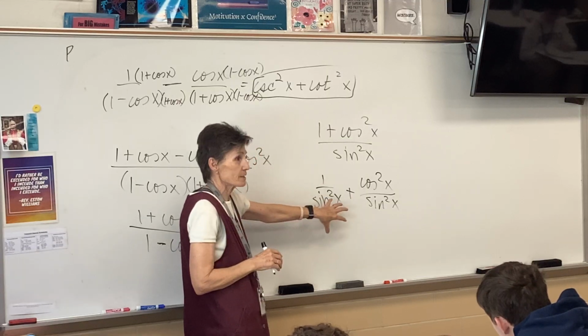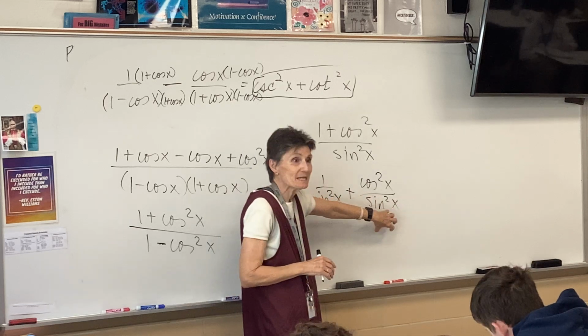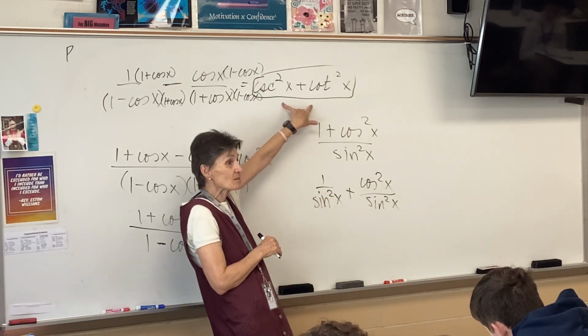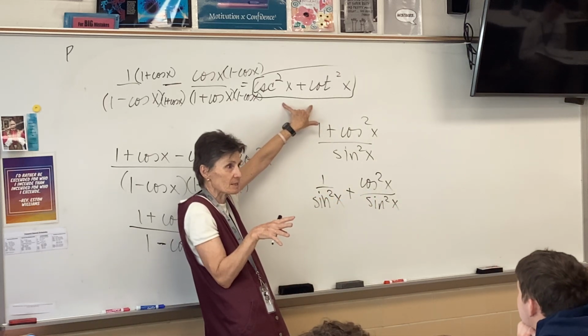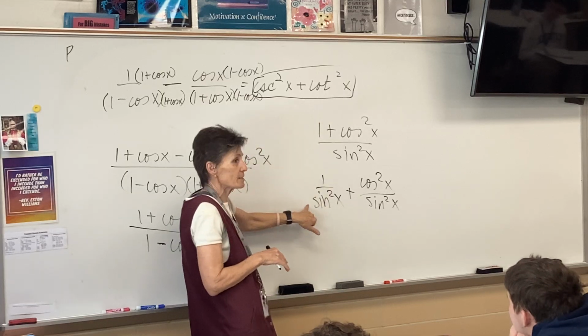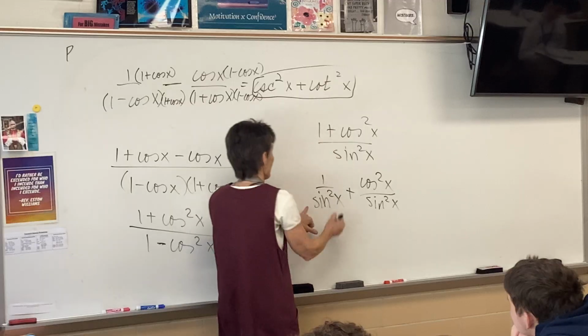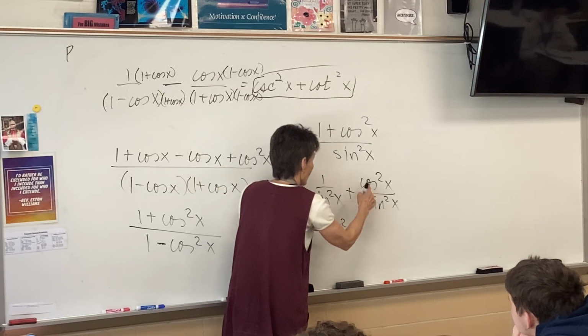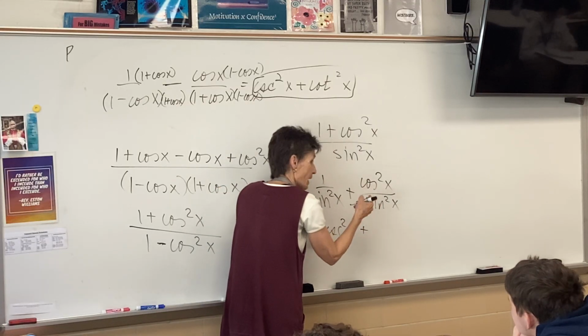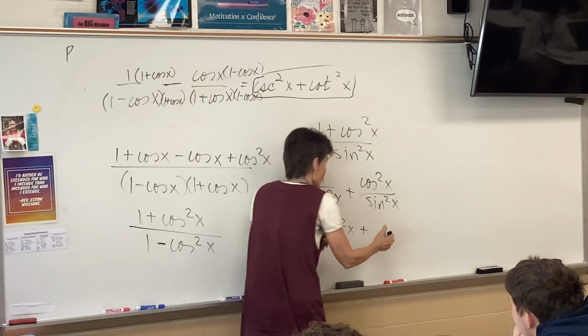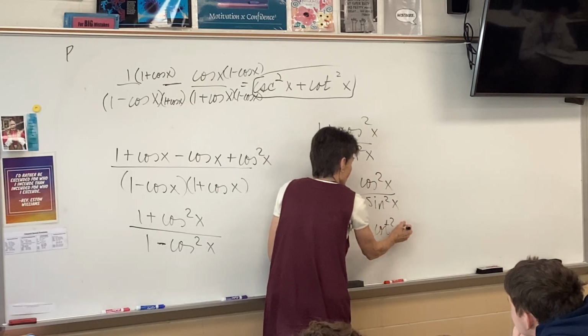Pull it apart, so it's 2 separate pieces, because your answer is supposed to be 2 separate pieces. Well, what's 1 over sine? What's the reciprocal of the sine? Cosecant squared. And what's cosine over sine? Cosine over sine is cotangent. Yeah. So there you get it.